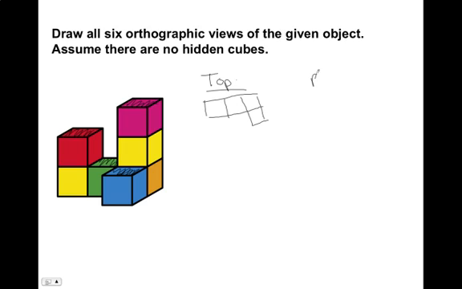Now from the bottom, we would end up seeing the same thing. Will this always happen? No. So make sure you are actually physically trying to visualize what it would look like. What I want you to do is to draw the front and back, the left and right views, and have this ready for class.